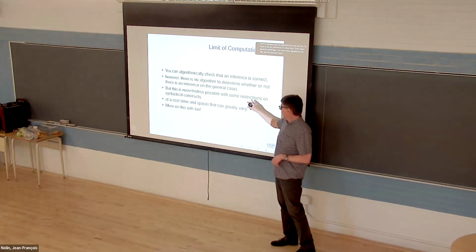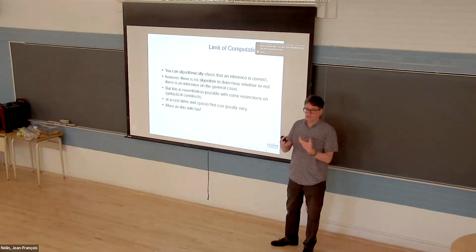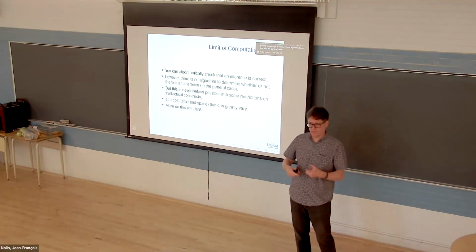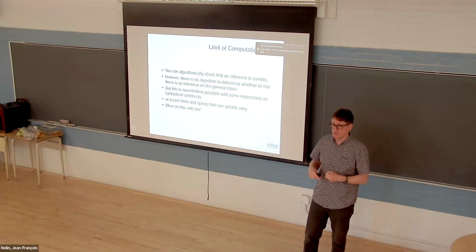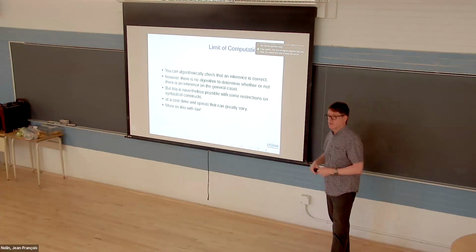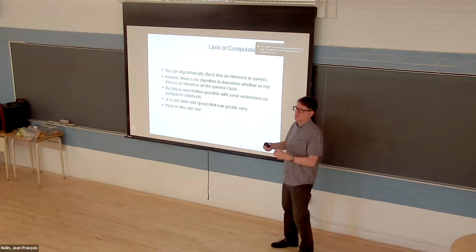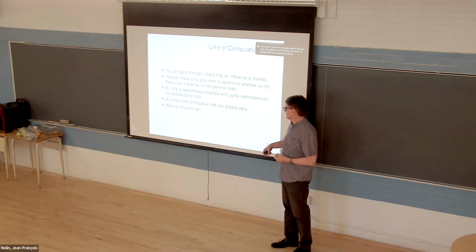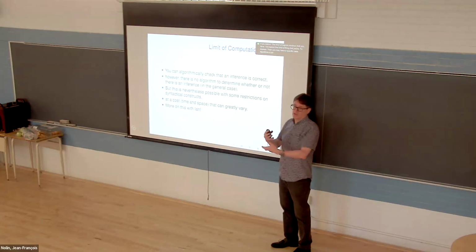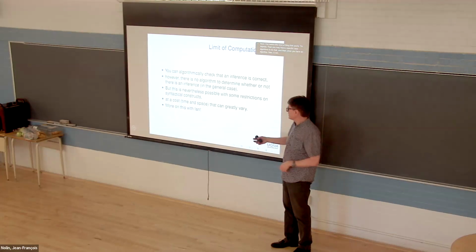You don't have an algorithm to do that in the general case. But if you restrict the kind of logical constructs that you have, restricting the kind of thing that you're able to express, then you may have, in specific cases, algorithms to do that. When you have an algorithm, it can be more or less complex, so it has a cost in terms of time and space.